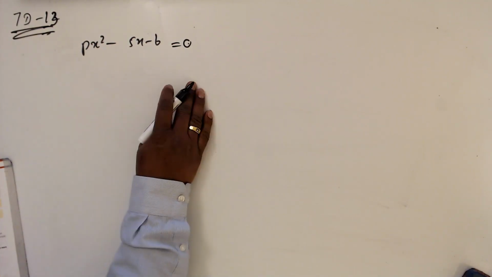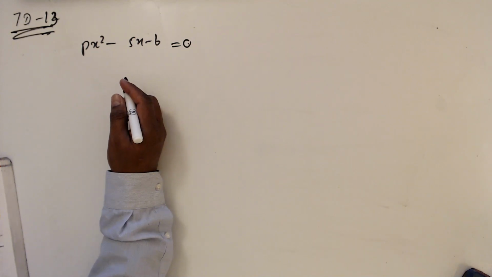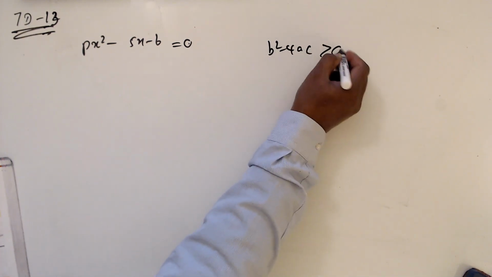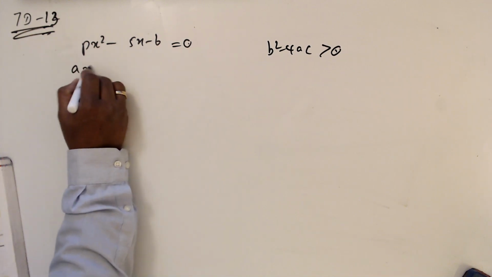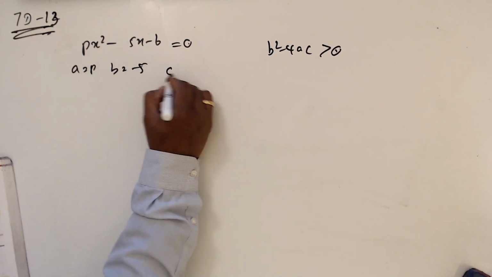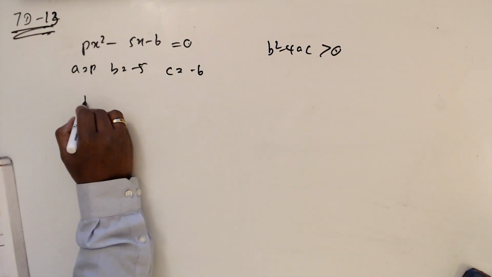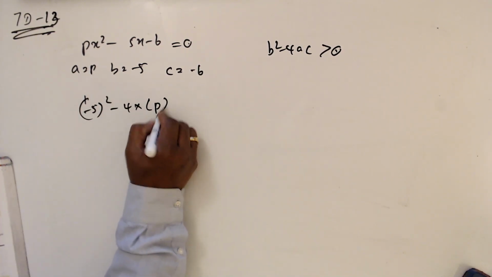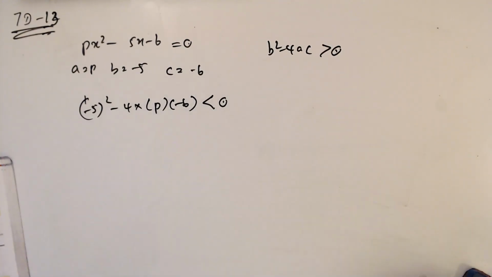So question number 13 is also the same. It has two distinct real roots. Prove that if I have two distinct real roots, b squared minus 4ac has to be greater than 0. Here a is p, b is minus 5, and c is minus 6. So b squared minus 4ac: minus 5 squared minus 4 times a times c, which is minus 6, greater than 0.